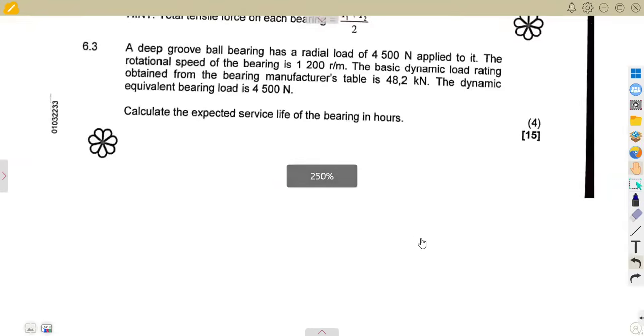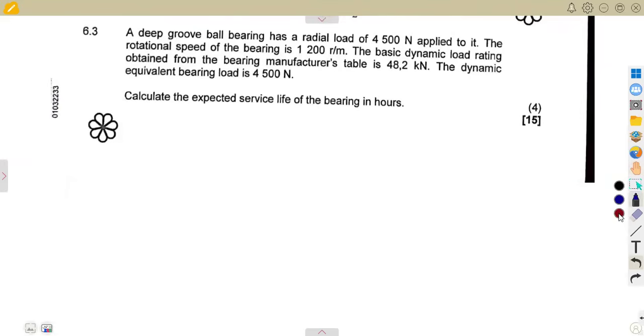All right, then on 6.3, we are given a deep groove ball bearing. Take note, it's a deep groove ball bearing. This is very, very important when you are calculating the expected service life of a bearing. We are given that it has a radial load of 4,500, and the rotational speed of the bearing being 1,000 revolutions per minute.